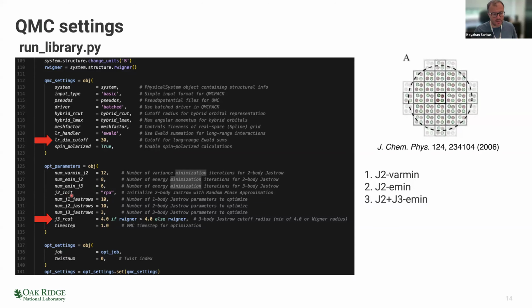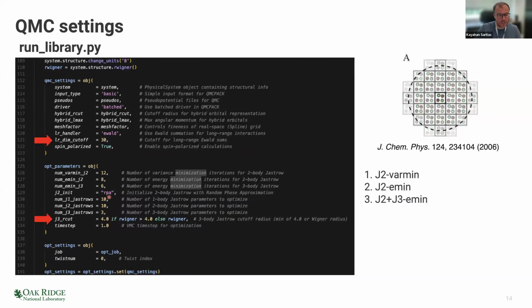This tag, J2 init, indicates that there are options for whether you want to use J2 parameters that start from all zeros or some smarter initialization based on RPA calculations. There's an option to do that. I think this helps in reaching convergence faster for the VMC optimizations.